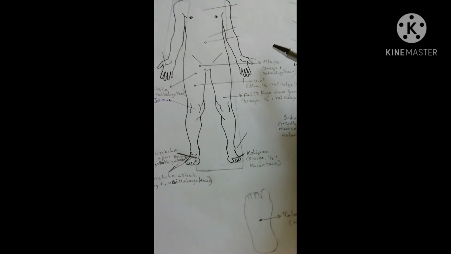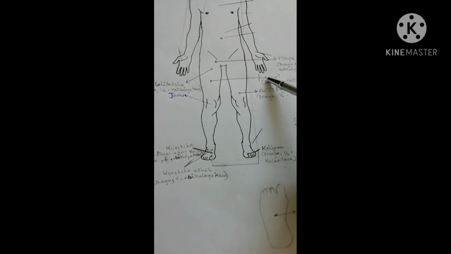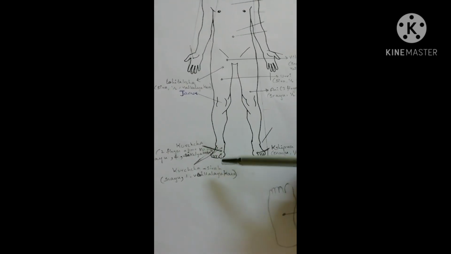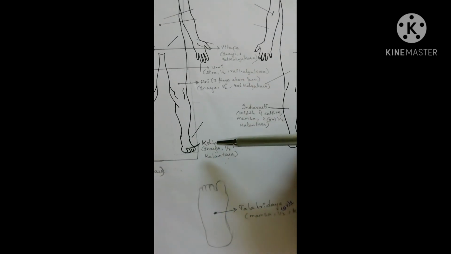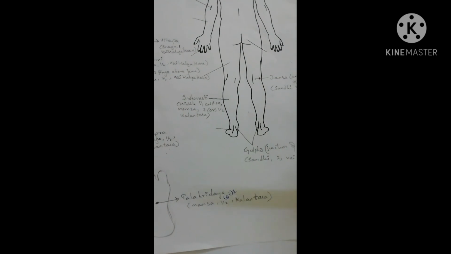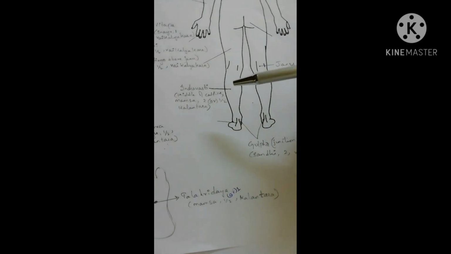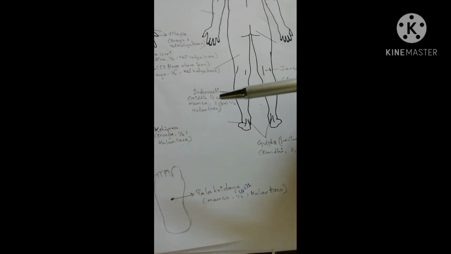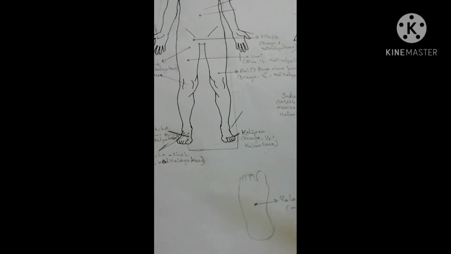Most of the marmas on the leg you can simply remember as pairs: Lohitaksha and Urvi as a pair, Kutsha and Kutsha Shira as a pair, Kshipra, Vitapa and Ani as a group, Gulfa and Janu as a pair, and Indravasti and Tala Hridaya as a pair, because they share similarities in one way or another.